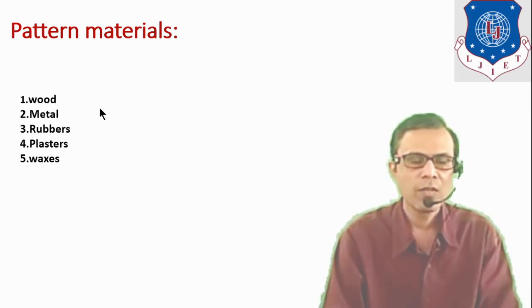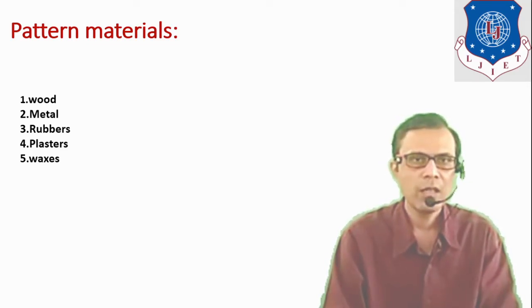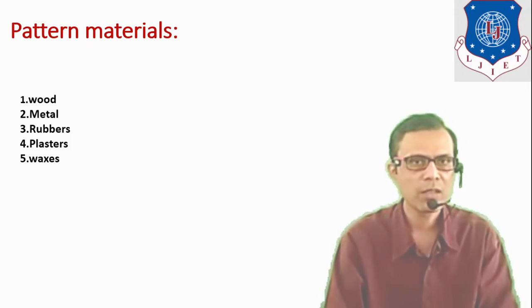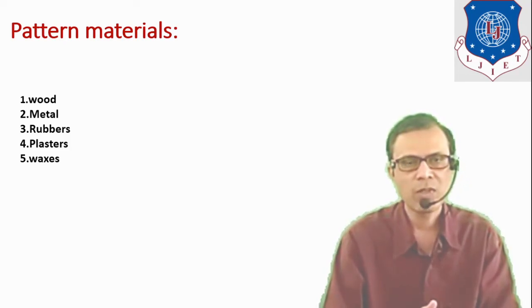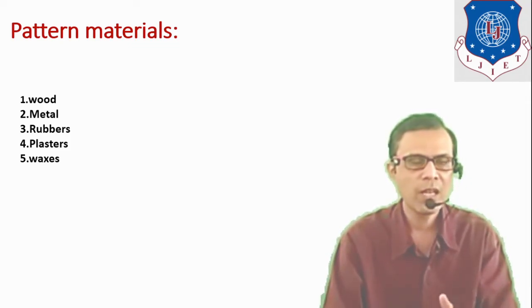We know that wood is easily available, any shape can be provided to the wood easily, it retains structure, it is strong also, but drawback is that it absorbs moisture from the atmosphere and sometimes when it loses the moisture to the atmosphere its shape and size may vary as per the atmospheric condition. Sometimes warpage may also take place. So wood can be used but there are some drawbacks.